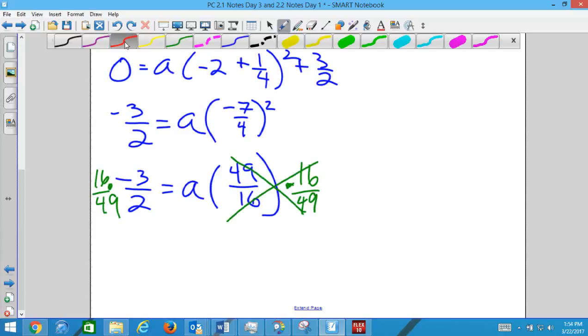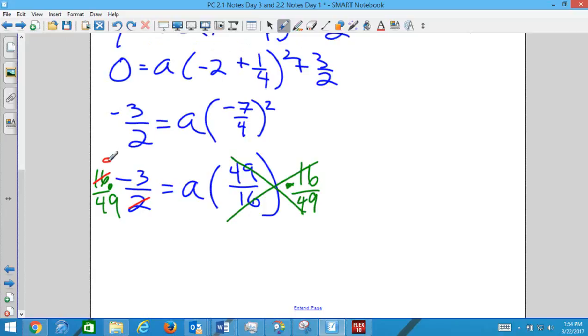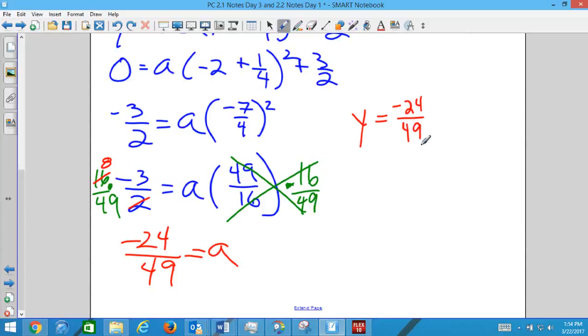On the other side, I can reduce the 2 and the 16 before multiplying to get -24/49. A. So I put my A value in: -24/49 multiplied by x plus 1/4 squared plus 3/2.